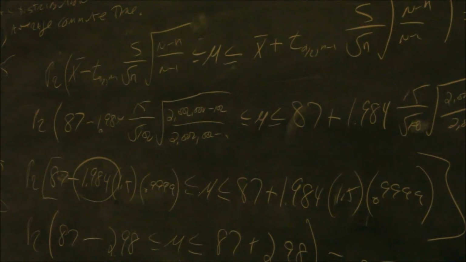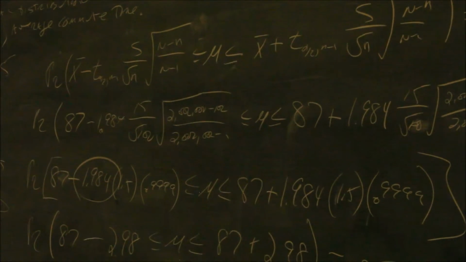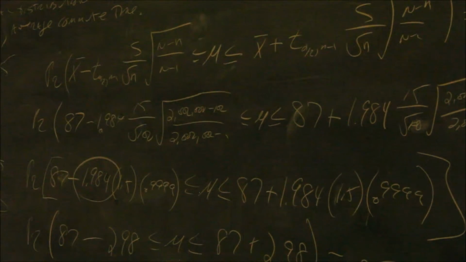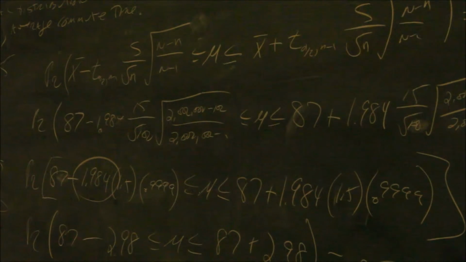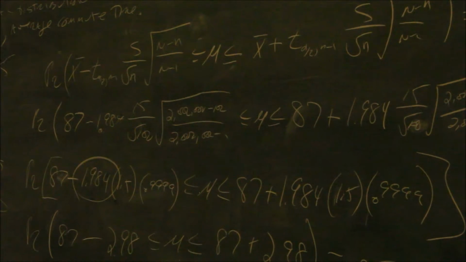Intuitively that makes sense: when you know something, you should come up with a better estimate than when you don't know something and you have to estimate it. So that's the reason why the t-distribution is the way it is versus the z-distribution.